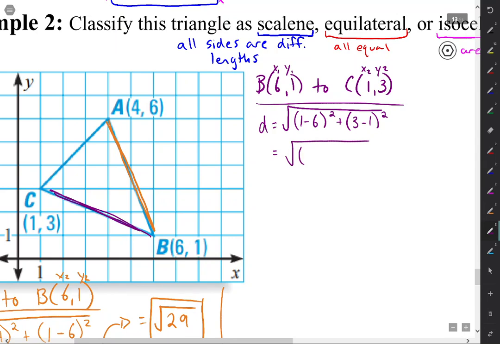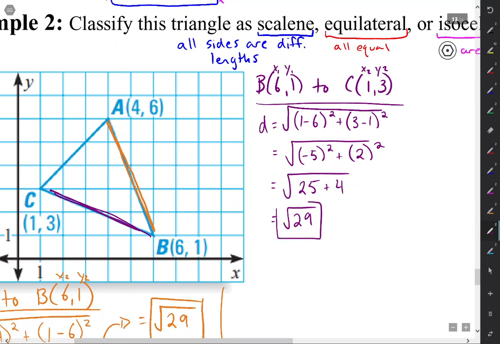So 1 minus 6 is minus 5, and that'll be squared. And then plus 3 minus 1 is 2, and then that'll be squared. So minus 5 squared, well, that's minus 5 times minus 5, which is 25. And then plus 2 squared is 4. So there we have the square root of 29 again as the final answer.